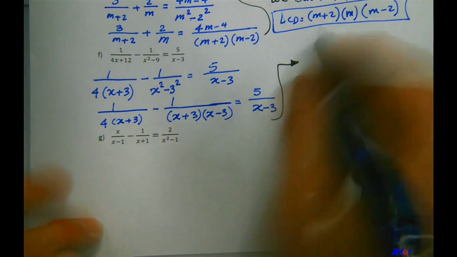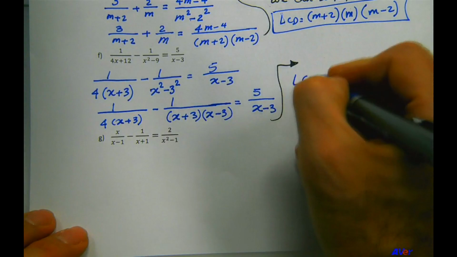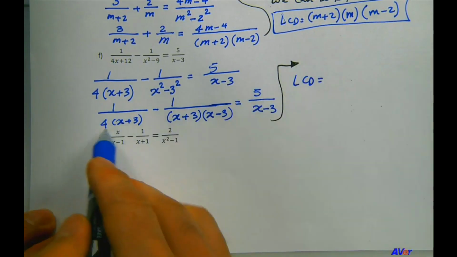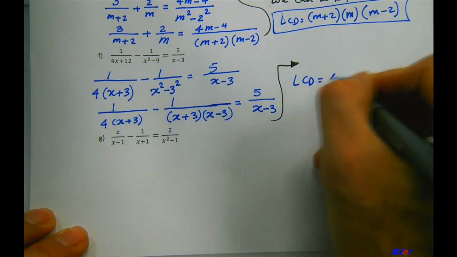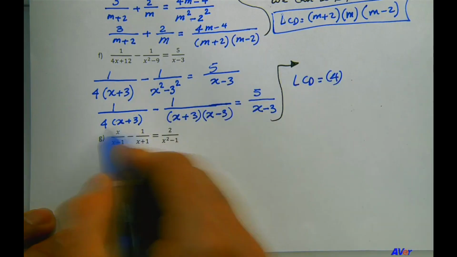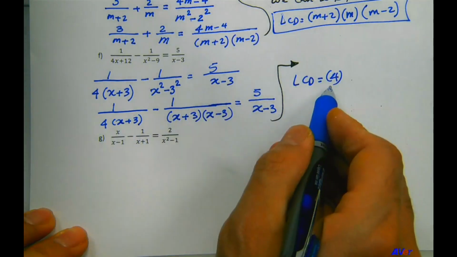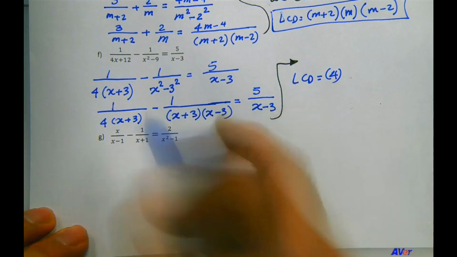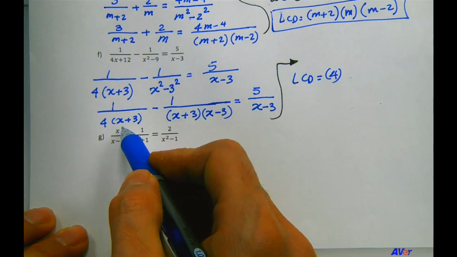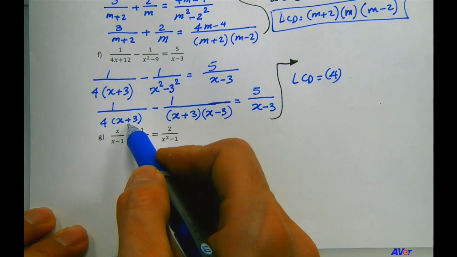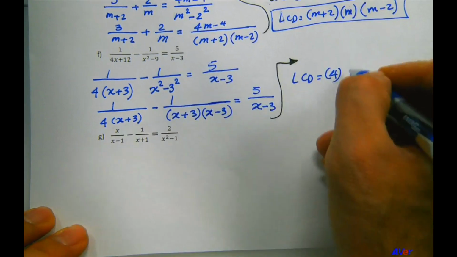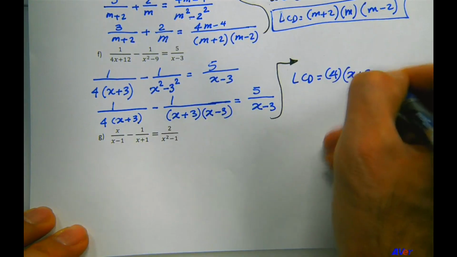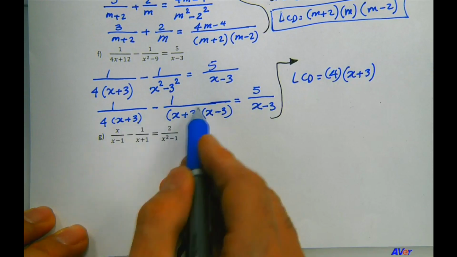So, should the LCD have a 4 in it? Absolutely. It's a factor in the denominator. It should be in there, in the LCD. Should the LCD have x plus 3 as a factor? Absolutely. What is the highest power for x plus 3?